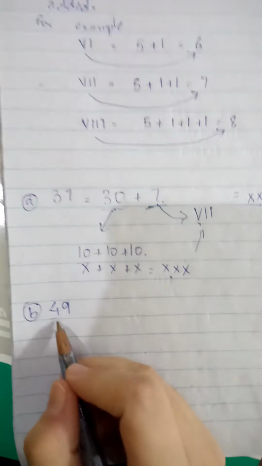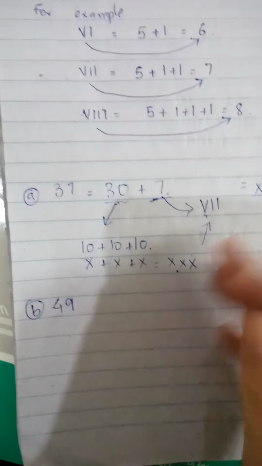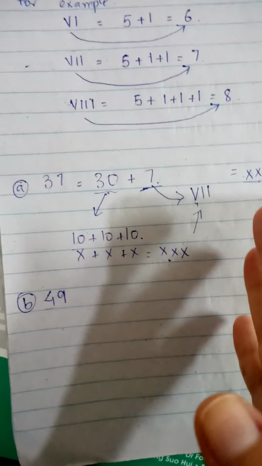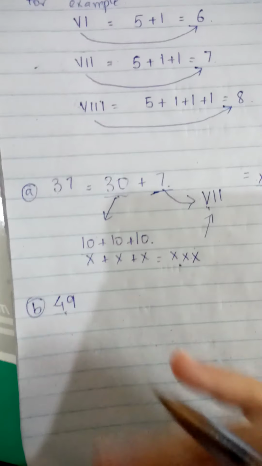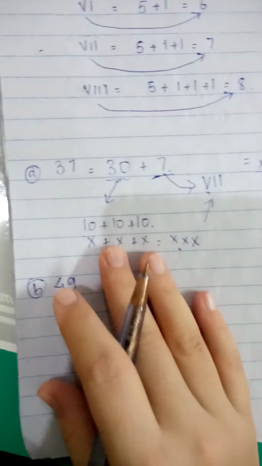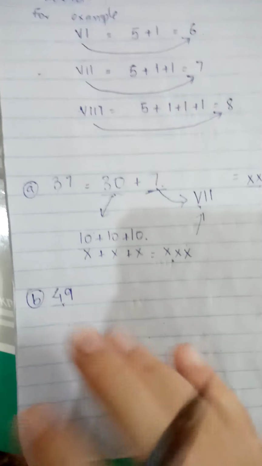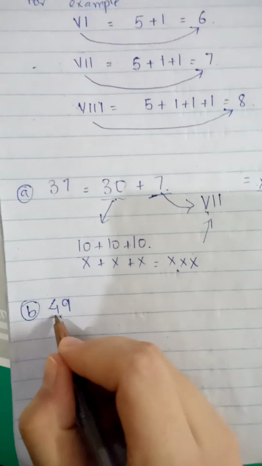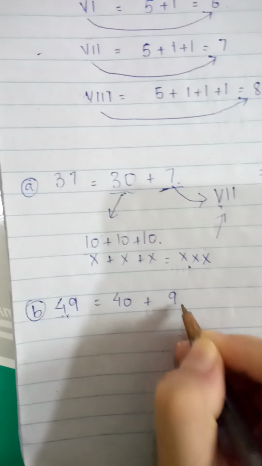Now I know that 49 comes before 50. To make it easier for you, if you need to write these numbers in Roman numbers, the easier way is to break them down. 49 is equal to 40 plus 9, right?